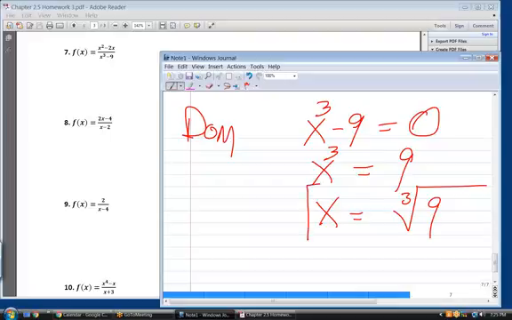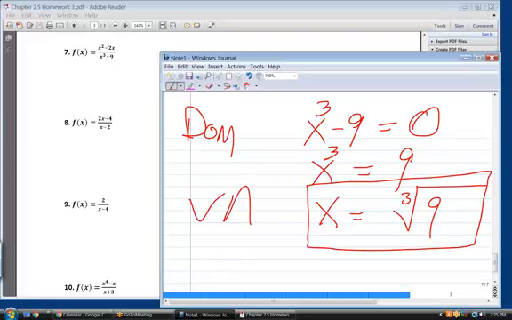In other words, that actually is the definition for the vertical asymptote: x equals cube root of 9. Horizontal asymptote? The horizontal asymptote would be 0 because it's bottom heavy. y equals 0.